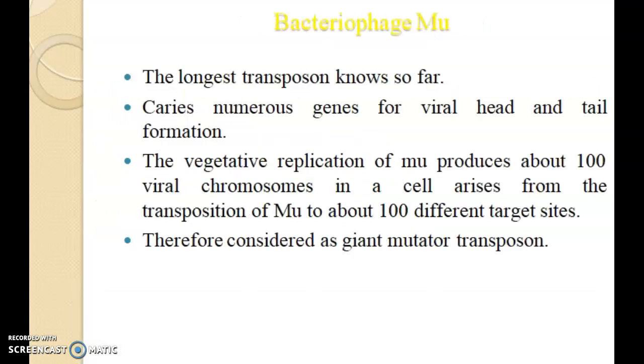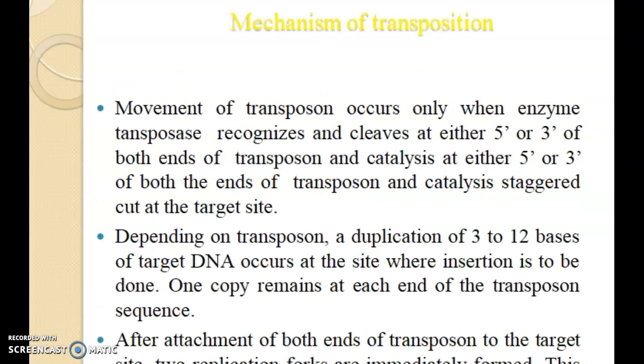Next important point is the mechanism of transposition. The mechanism of transposition occurs only when the enzyme transposase recognizes and cleaves at either 5' or 3' of both ends of the transposon and catalyzes a staggered cut at the target site.